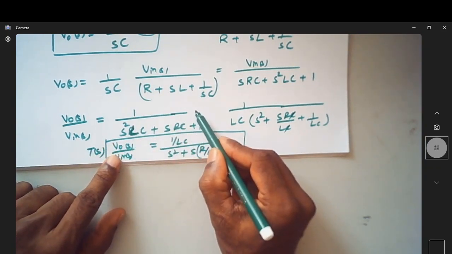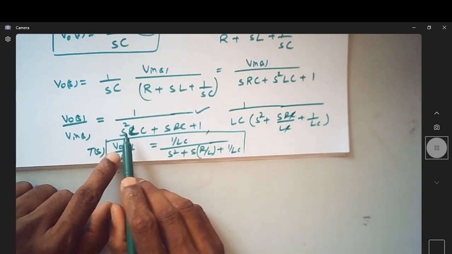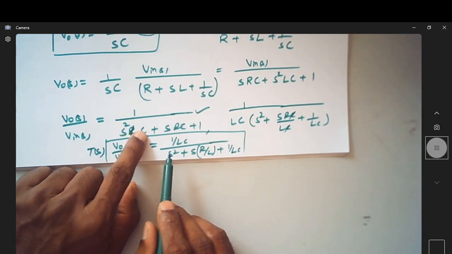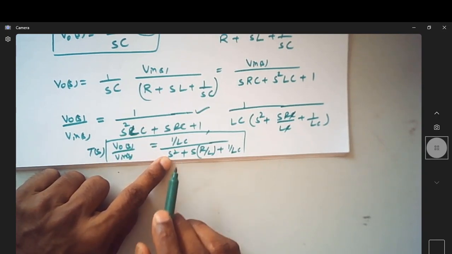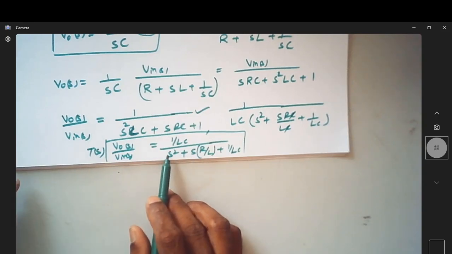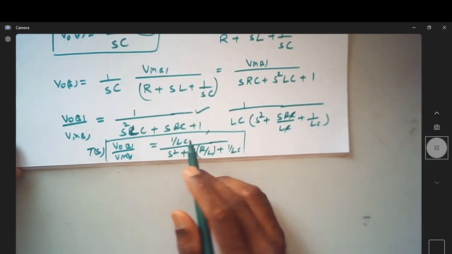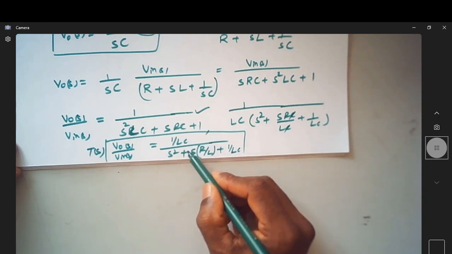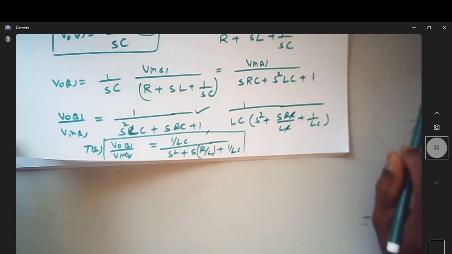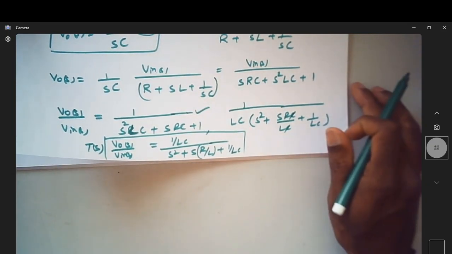This is also a true transfer function, but the difference between this and this is, here the coefficient of s square is LC, here the coefficient of s square is 1. So to bring it to a standard form, we just put it this way. So we have the numerator as 1 over LC and the denominator as s square plus s into R by L plus 1 over LC.